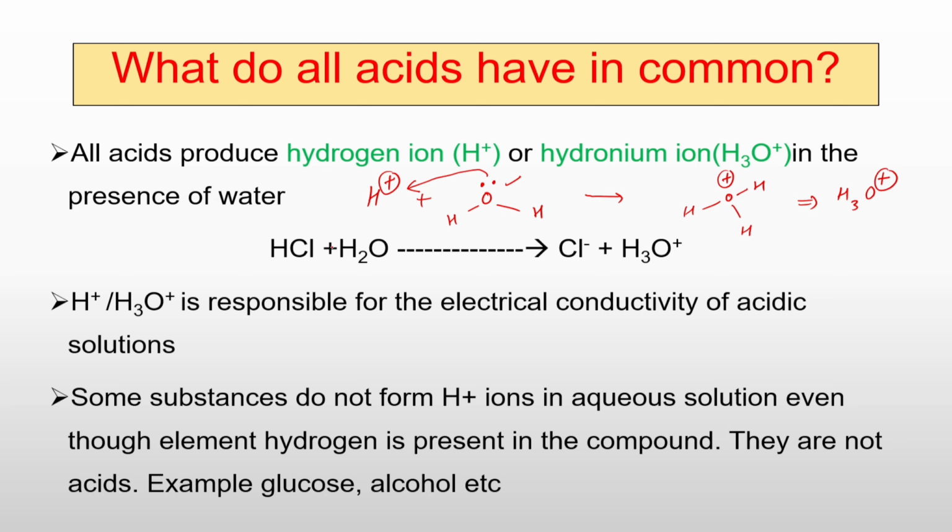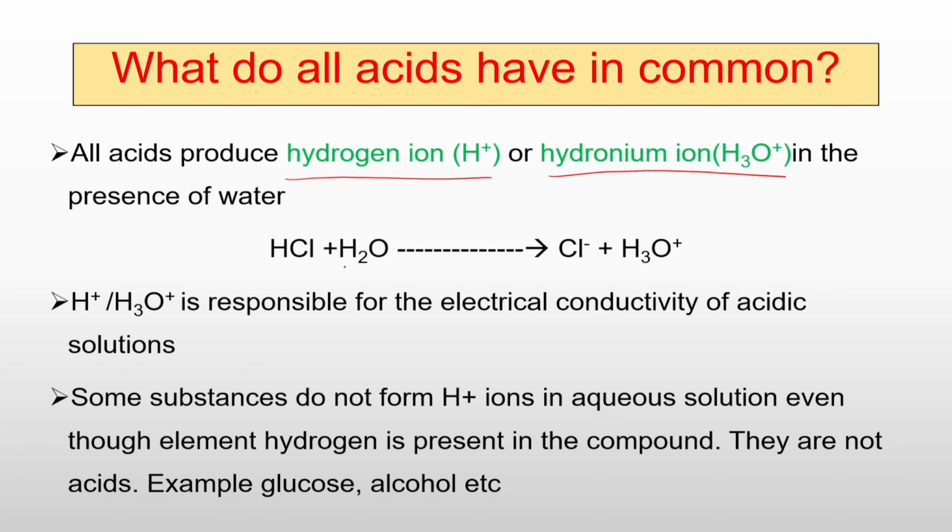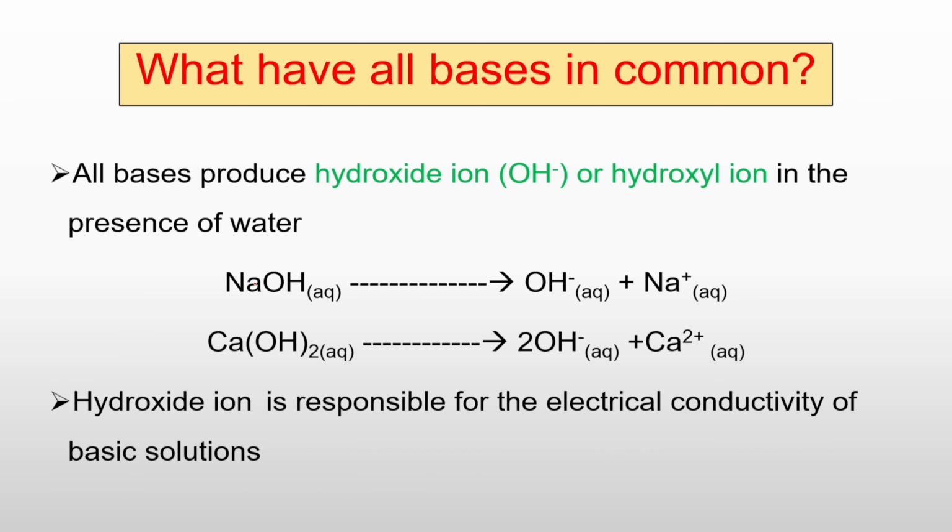Whenever any acid is dissolved in water, water just protonates the H plus ion. So either you can write H plus or you can write H3O plus. So what all acids have in common is H plus and H3O plus. But there are many other compounds which do not have H plus and H3O plus, but still they have acidic nature.